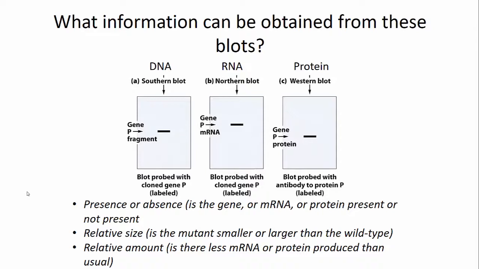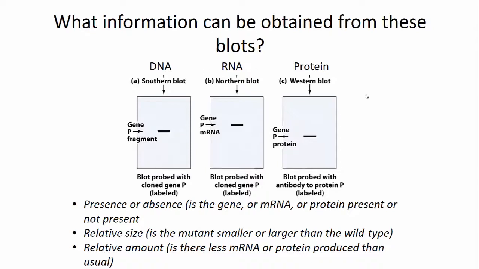Another thing these blots are useful for is to look for a change in the relative size of a piece of DNA, RNA, or protein. So if this particular band shown here is the wild type version of the gene, you might have a situation where you have an individual who has a mutation in that particular gene such that maybe 2 or 3 of the exons are deleted.